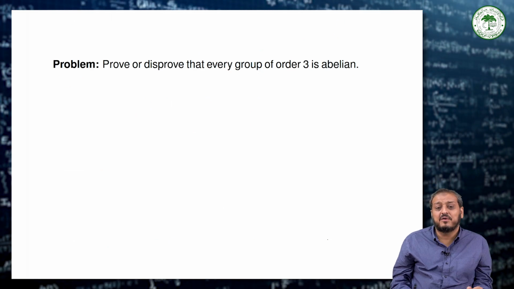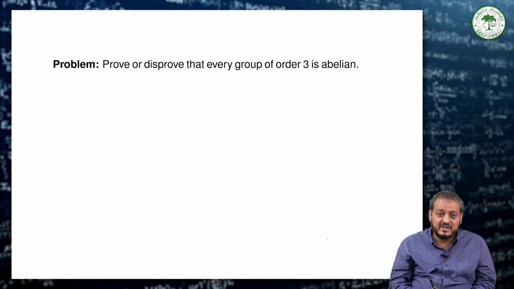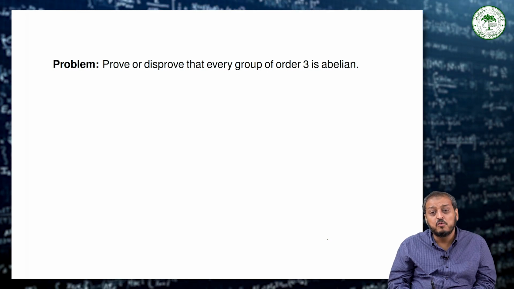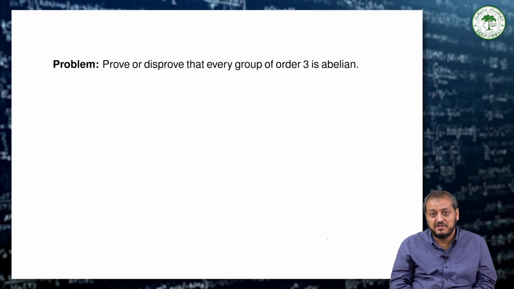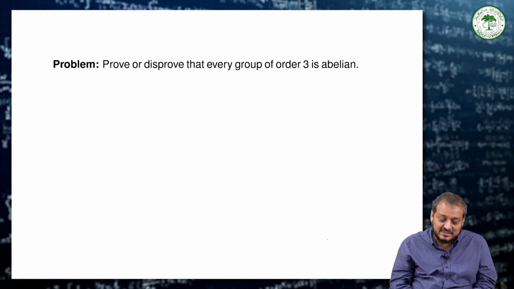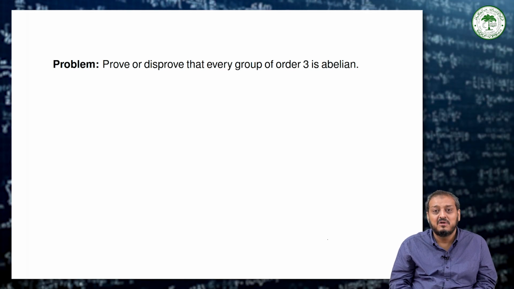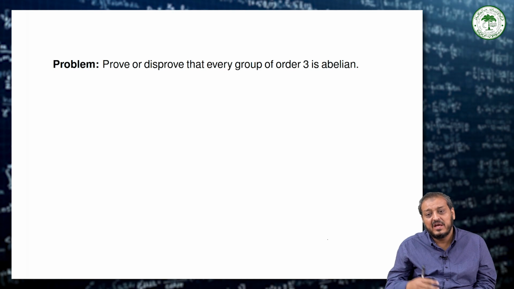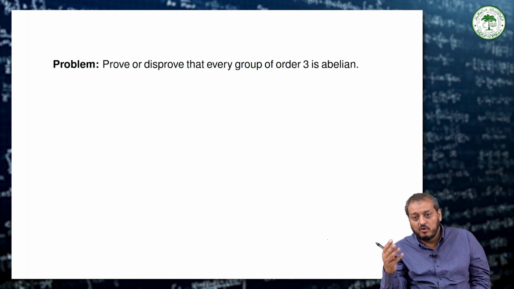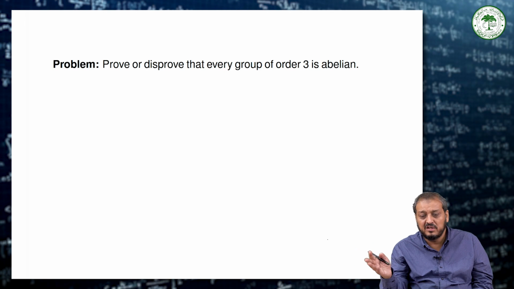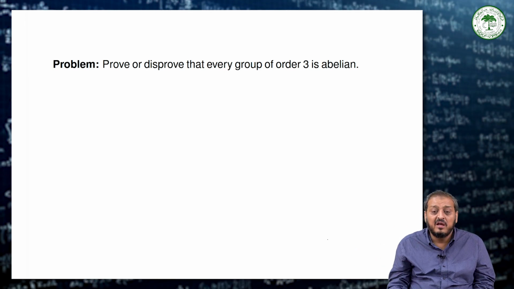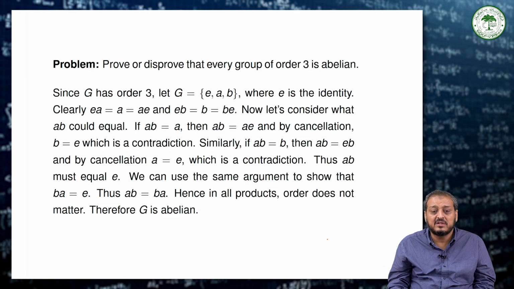Now this problem says to prove or disprove that every group of order 3 is abelian. That is an interesting problem. So take any group of order 3.